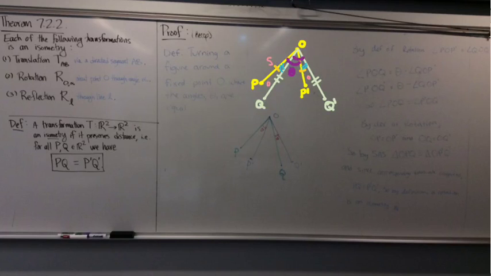One of our sides is the single congruence mark, our angle is the double congruence mark, and our second adjacent side is the double congruence mark on the side QO. So according to that side angle side argument, POQ and P prime O Q prime are congruent triangles. Because they're congruent triangles, the segments opposite congruent angles are also congruent, and therefore PQ and P prime Q prime are congruent segments.